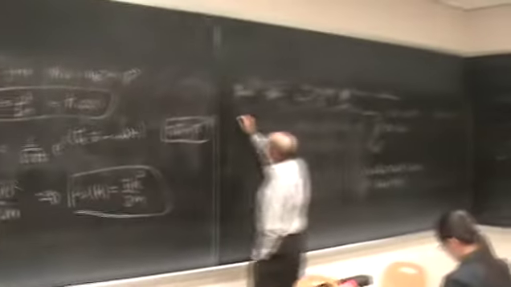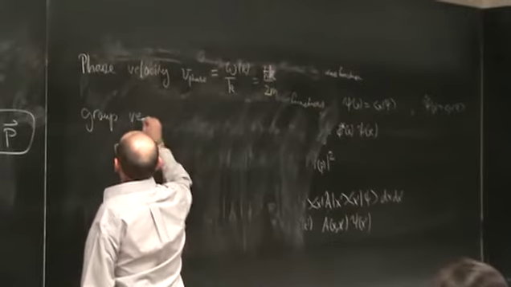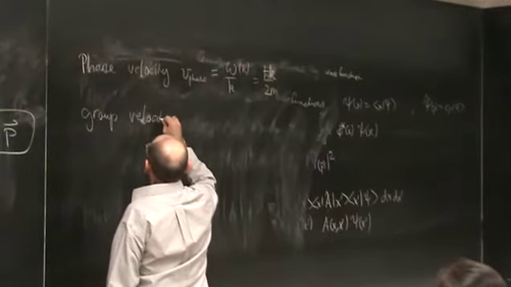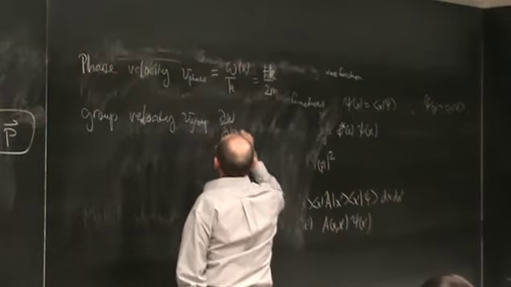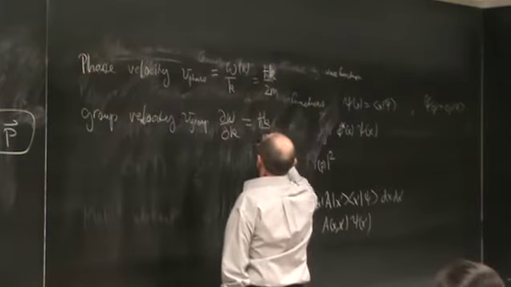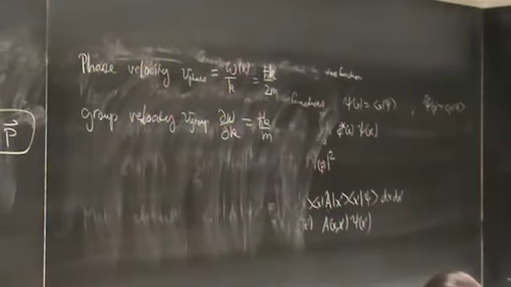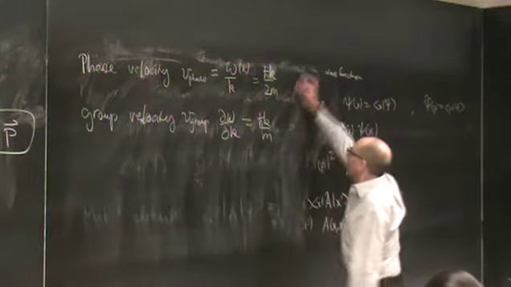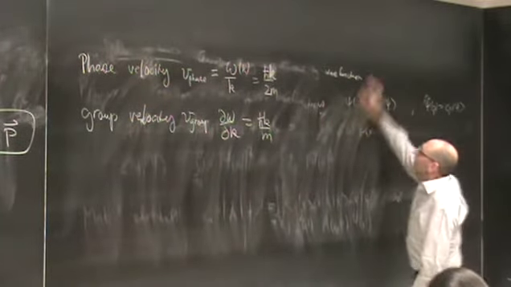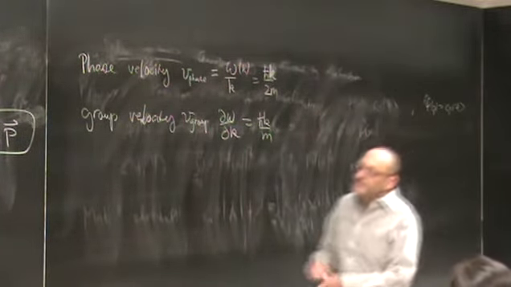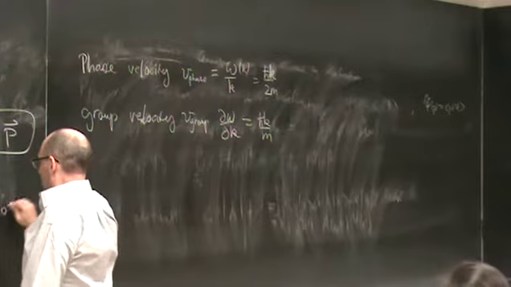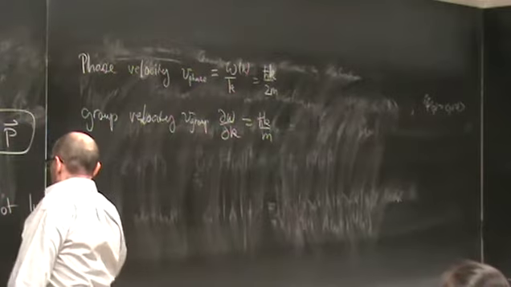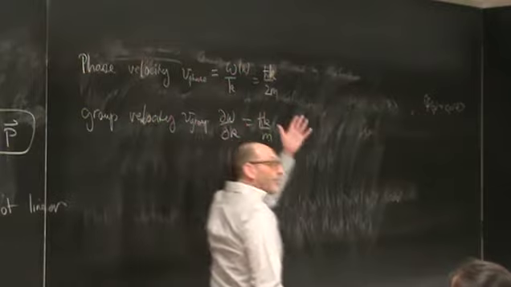And the group velocity is what? Now, the fact that this is not a linear relation means that the phase velocity depends on the wavelength.